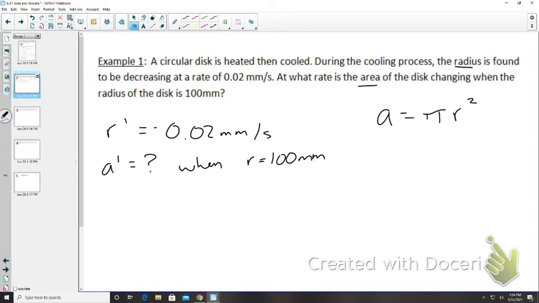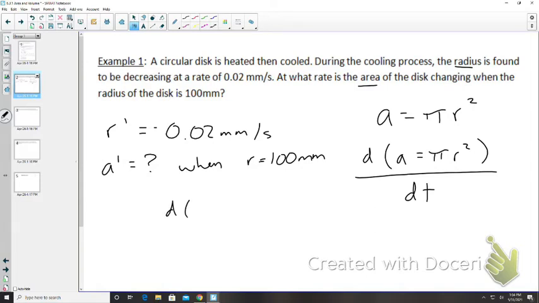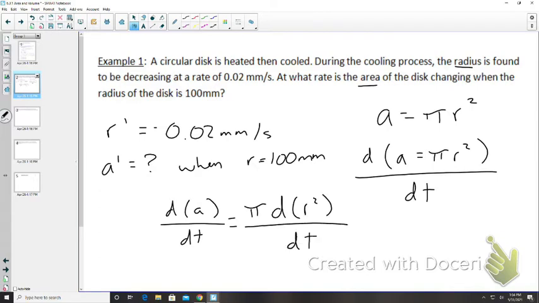So we'll take the derivative of the whole thing, the derivative of A equals pi r squared with respect to time. And again, we're going to leave the pi alone, and then do the derivative of r squared with respect to t.